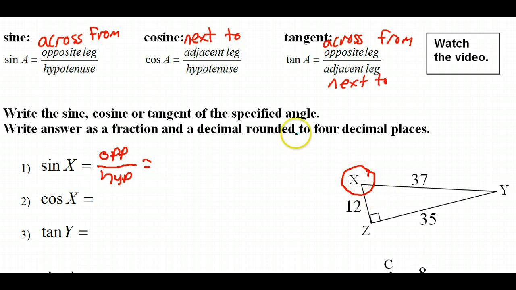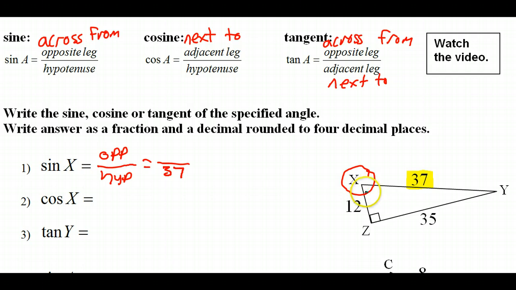Now, obviously, which part of this triangle is the hypotenuse? The 37. The 37 is the hypotenuse. I'm going to highlight that because that's not going to change. It's across from the 90-degree angle. So the bottom of the fraction is going to be 37. Which is the opposite leg?